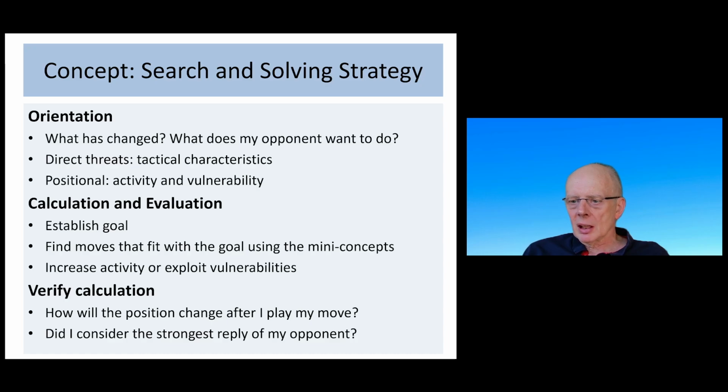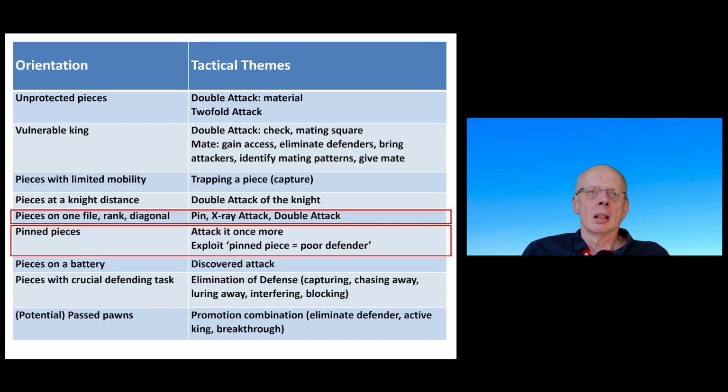So how does it tie into pinning? So you see on the left side, I call this the blue sheet, the orientation elements. And highlighted in the red boxes are elements related to pinning. So in the orientation, if we can find pieces on one file, rank or diagonal, we should check if there's a tactical theme related to pinning in the position.